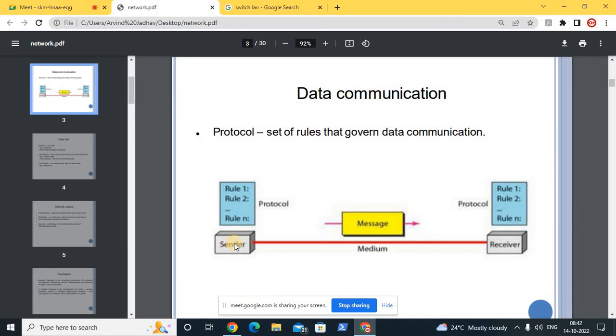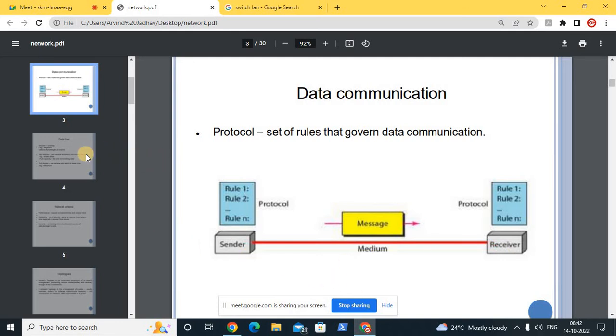We can say that one is a mouse. So it will send the input to the receiver. हाफ डुप्लेक्स में क्या होता है कि सेंडर भी सेंड कर सकता है, रिसीवर भी सेंड कर सकता है. That means one person can communicate with each other, but one by one. When the sender sends the information, the receiver will stand by. If the receiver sends the information, the sender will stand by.